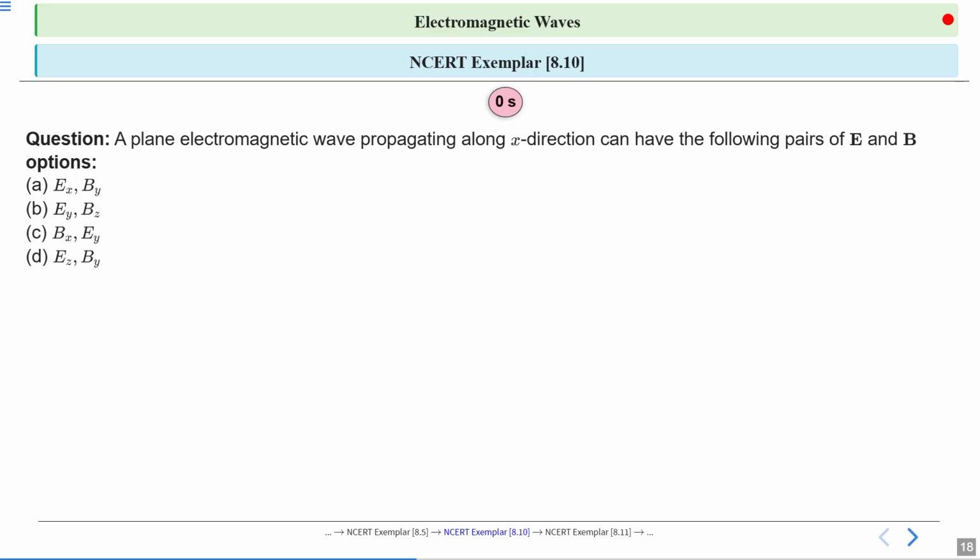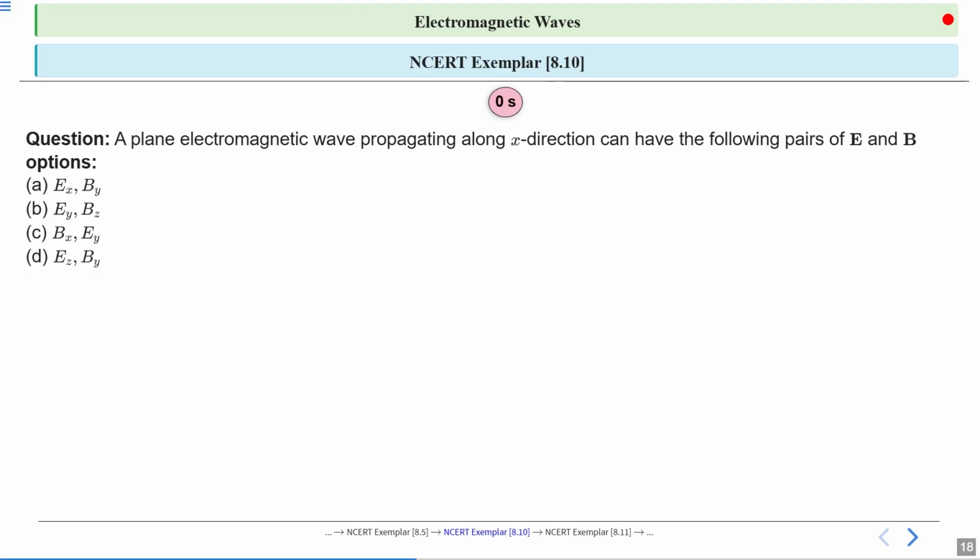We know that electric field, magnetic field and direction of propagation are all mutually perpendicular to each other. So which components are possible? You have to determine that. What is asked in the question?